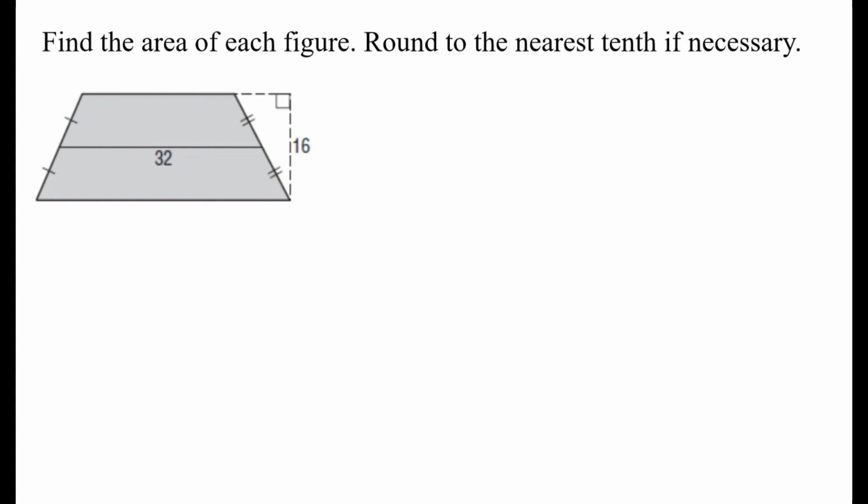The third one here that I have is kind of the exception to the rule for using that traditional formula. You can see here they didn't give us the bases. What they did give us, instead of giving us the bases, is they gave us the measurement of the midsegment or the median. So for this one, I'm going to use that secondary formula, the midsegment or the median times the height.